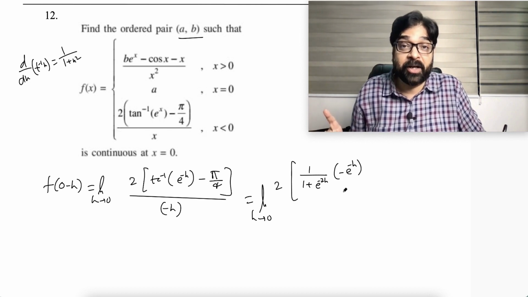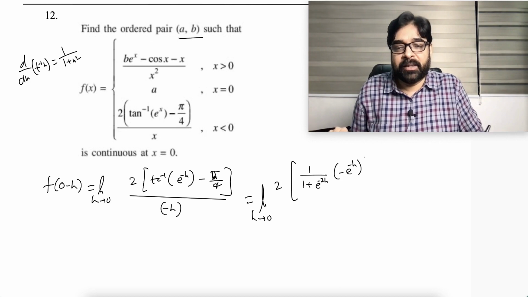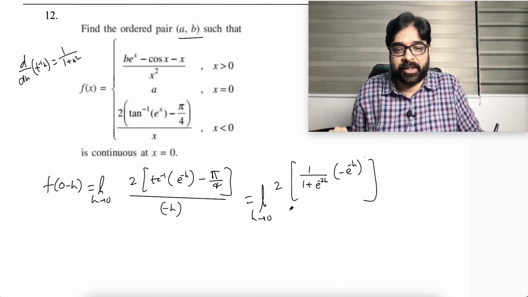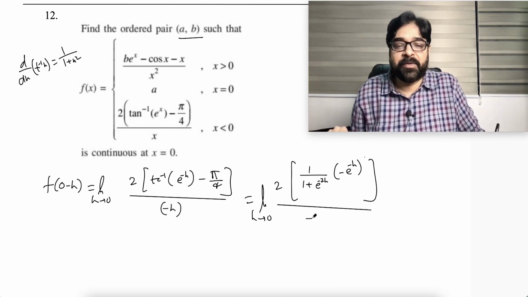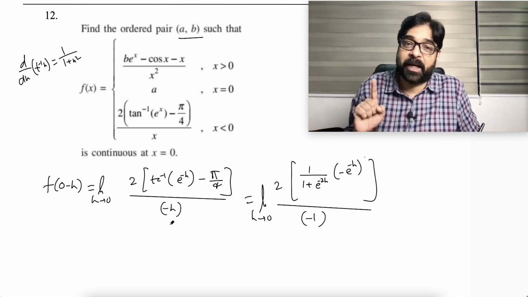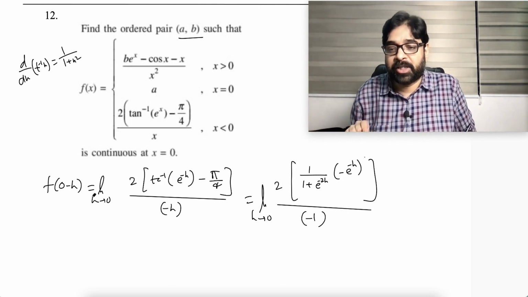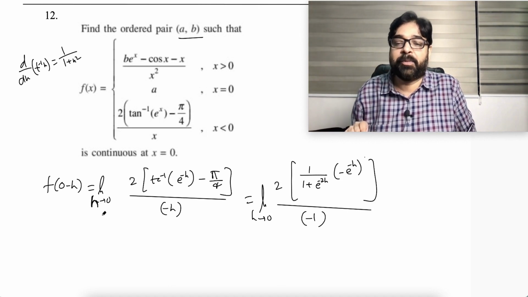If you did not attend the differentiation class, please attend that. Right? And pi by 4 differentiation is 0, forget it, divided by minus h differentiation, minus 1. Be clear, you have to differentiate with respect to h. Wherever the limit is approaching in L'Hospital, you have to see what the variable is. With respect to this variable, you have to differentiate.